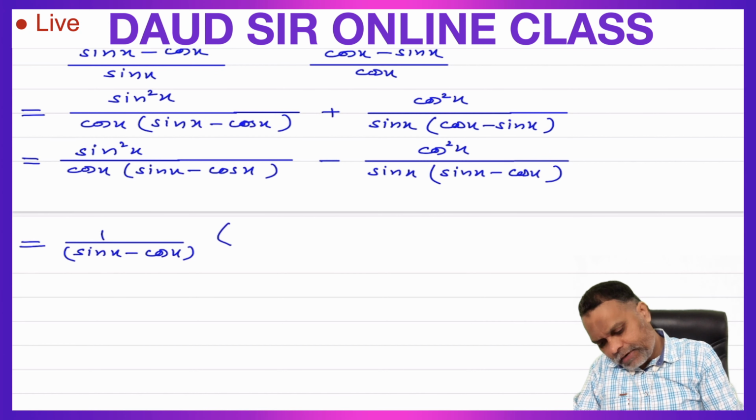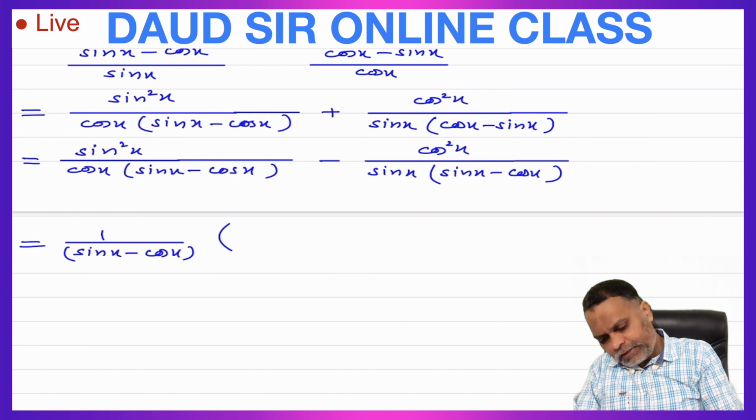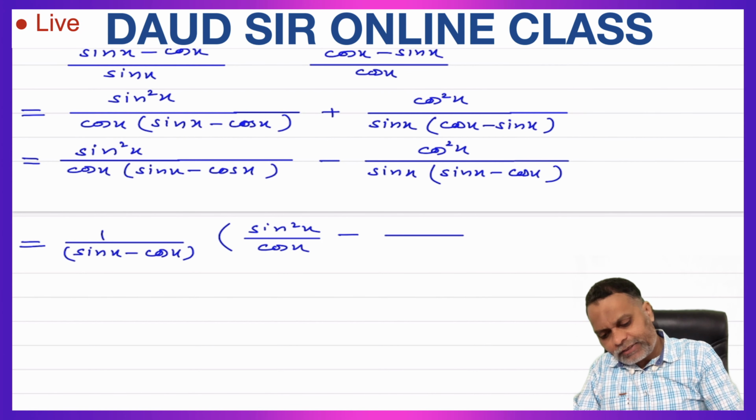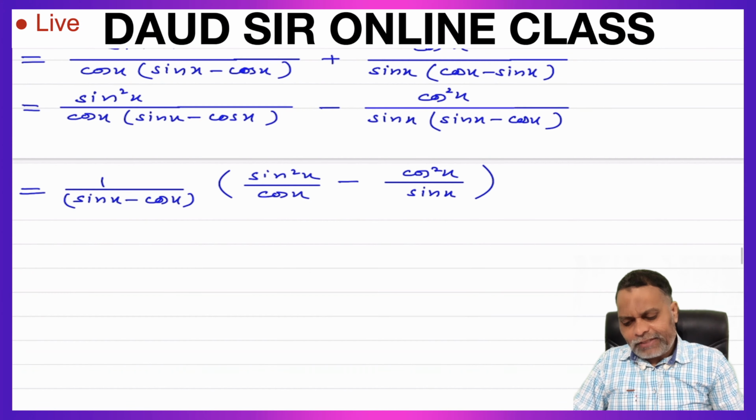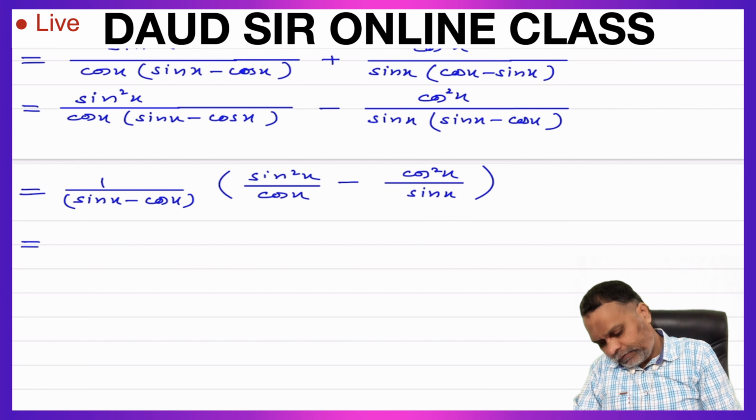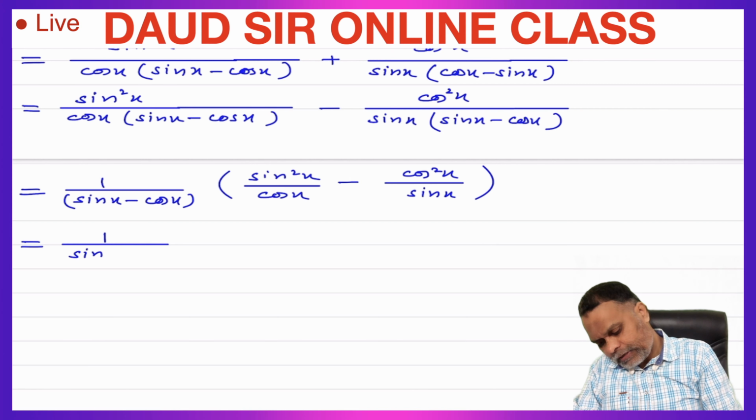Now what is left here? Sin square x upon cos x, and minus here cos square x upon sin x. Now simplify this bracket, which is equal to 1 upon sin x minus cos x as it is.